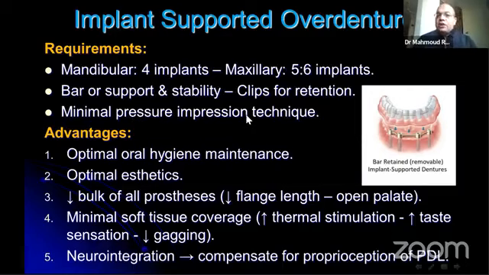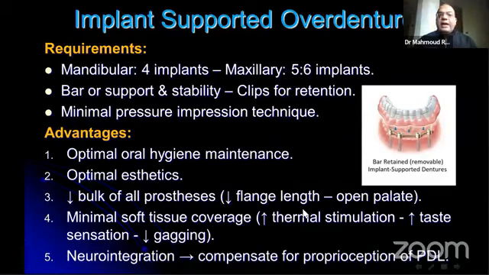Here, the impression needed for these types of overdentures is the minimal pressure impression technique. The advantages of this type are optimal oral hygiene maintenance, optimal esthetics, and decreased bulk of the prosthesis. This will increase the accommodation of the patient to the prosthesis.